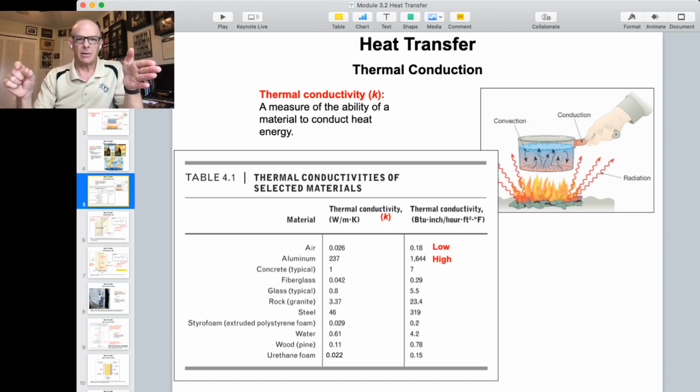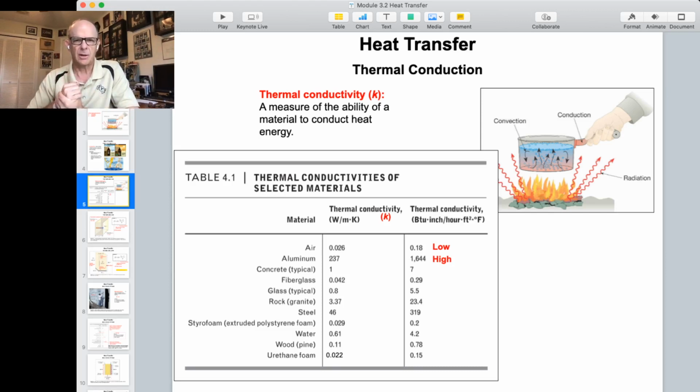On the other hand, if I had fiberglass, which is a material used for insulation, which has a thermal conductivity of only 0.042 watts per meter per Kelvin, that means if I had a 1 meter thick layer of fiberglass and it's 1 Kelvin temperature difference, only 0.042 joules of energy will flow through that fiberglass per second.